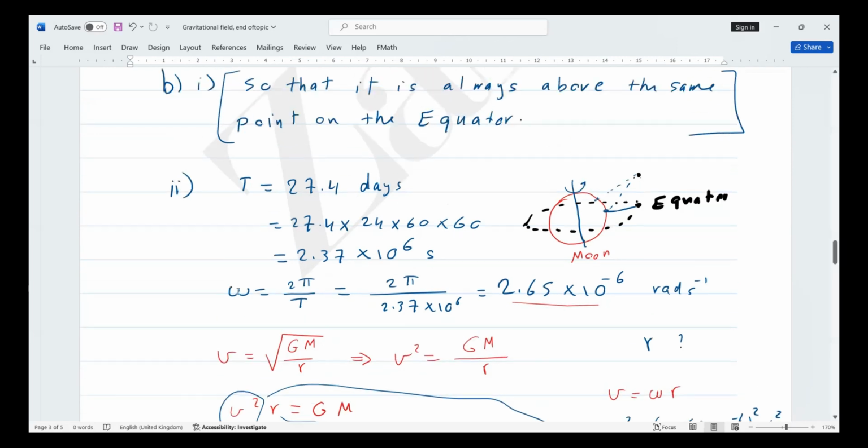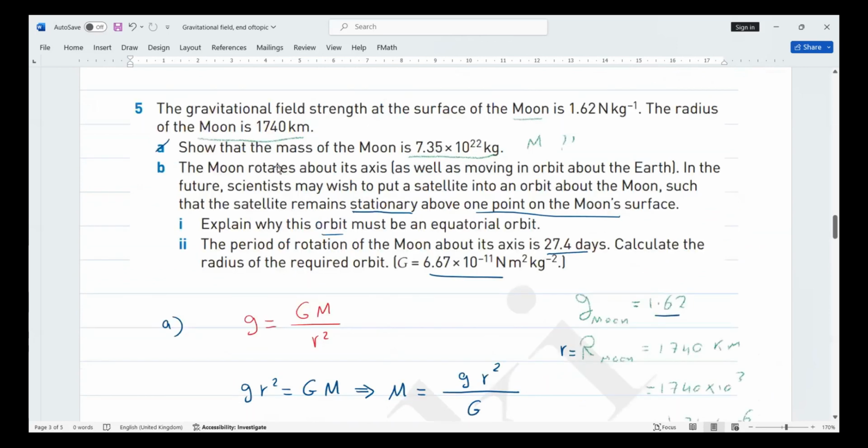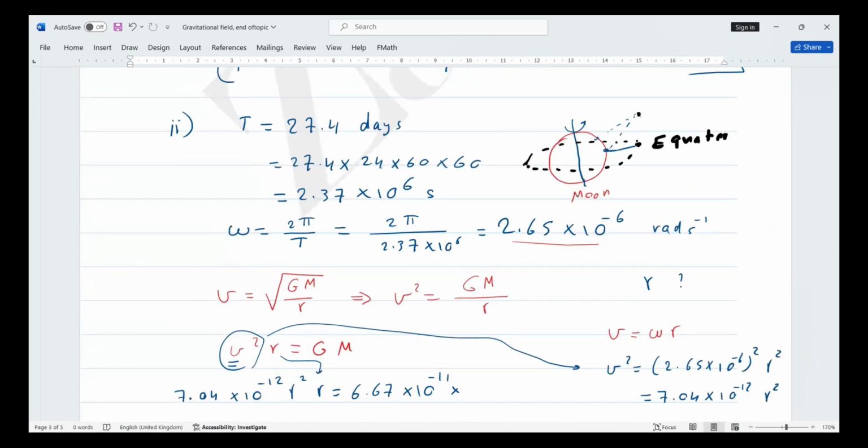The mass of the moon is given here. It is the 'show that' value, 7.35 times 10 to the power 22. So multiply by 7.35 multiplied by 10 to the power 22.